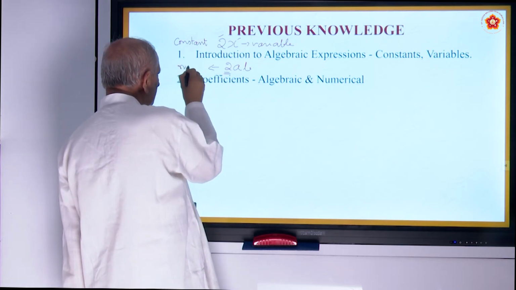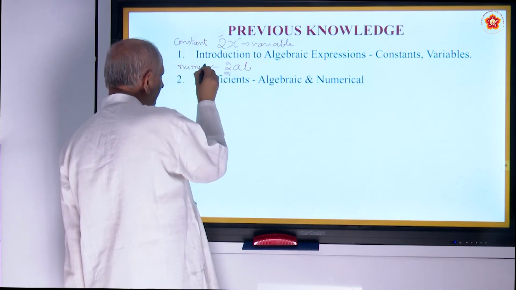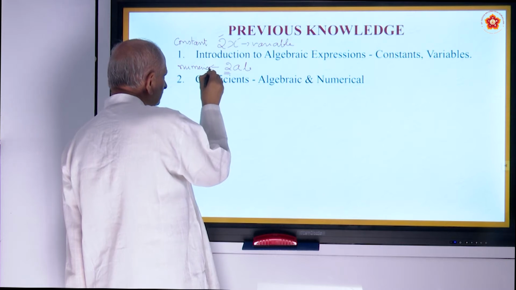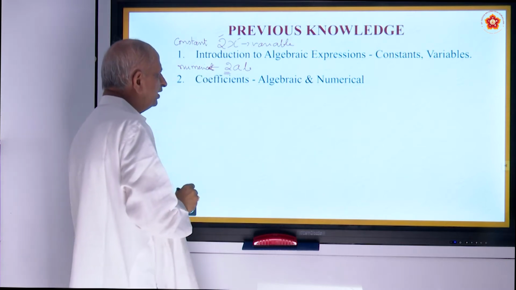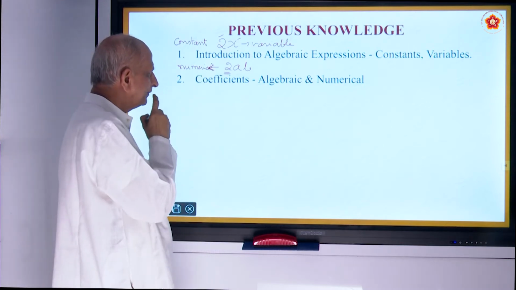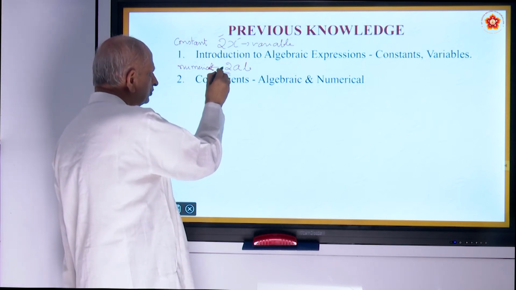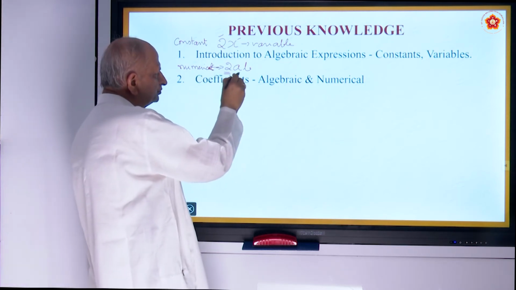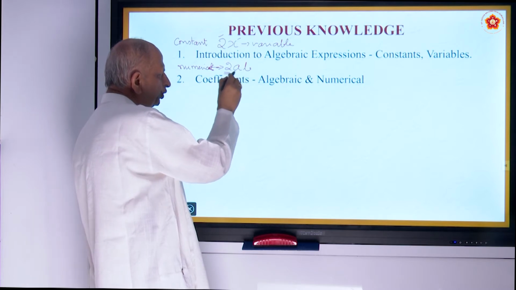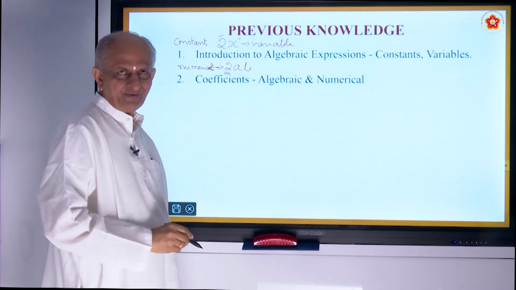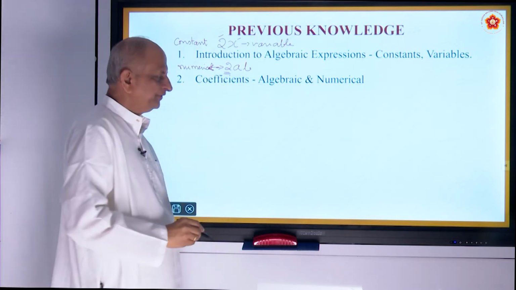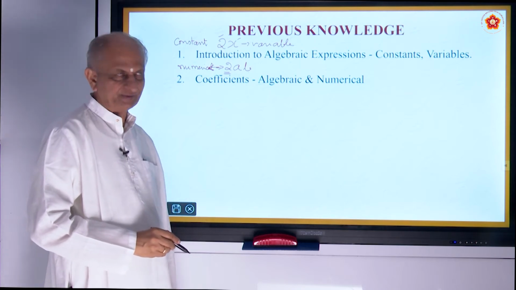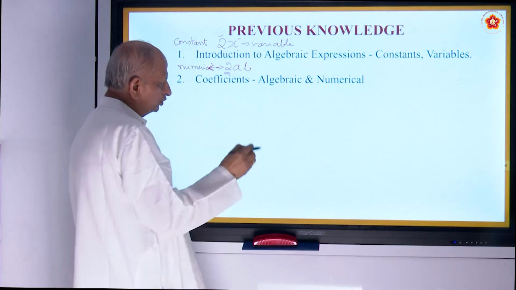This 2 is called numerical, meaning there is a number. Numerical coefficient is 2. And for b, 2a is the coefficient. For a, 2b is the coefficient. That is algebraic coefficients. So I think you understood.